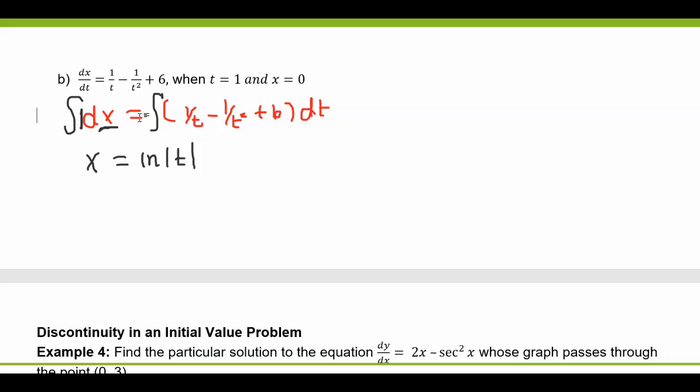So you get t to the negative 1 over negative 1, which is really like minus 1 over t, plus 6t, because you add that variable's constant back, and then plus c. And then we're going to use our initial conditions and solve for c.